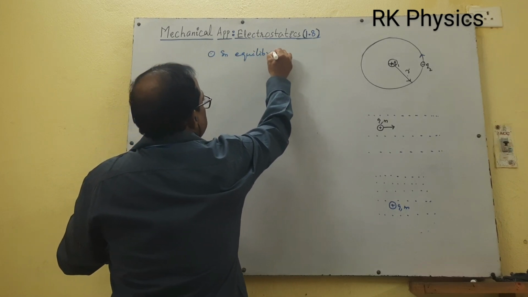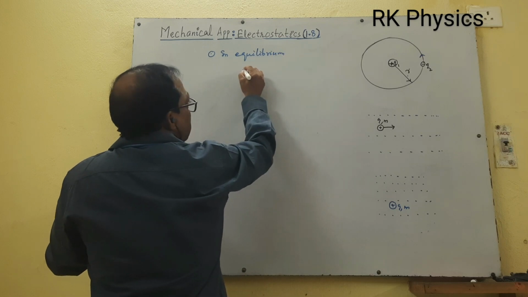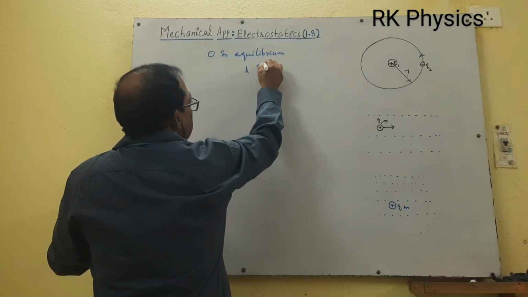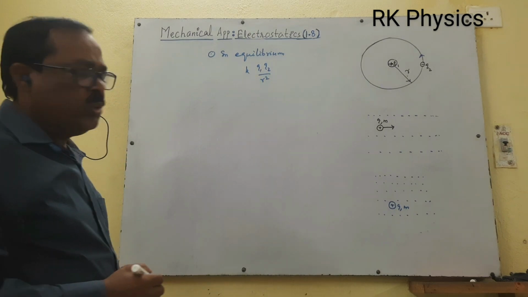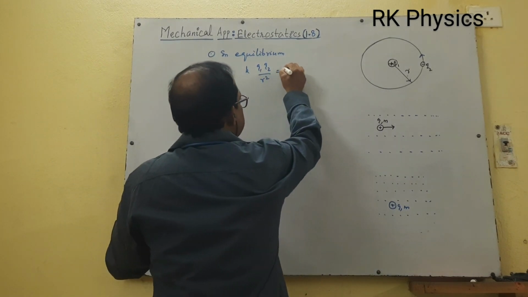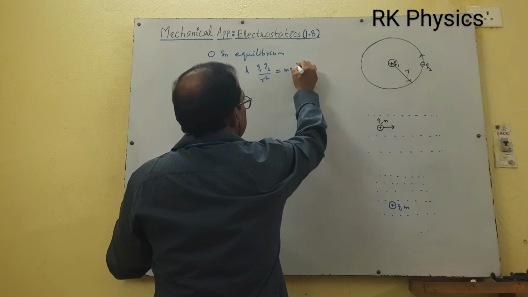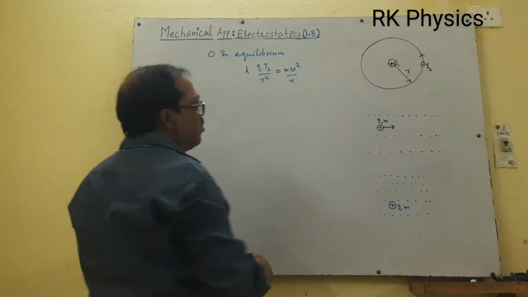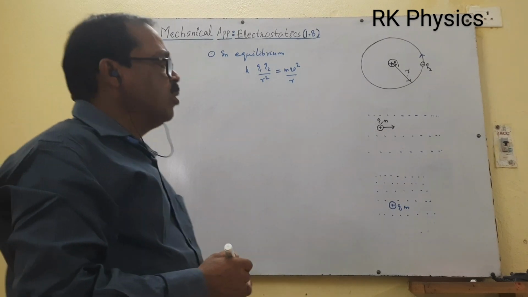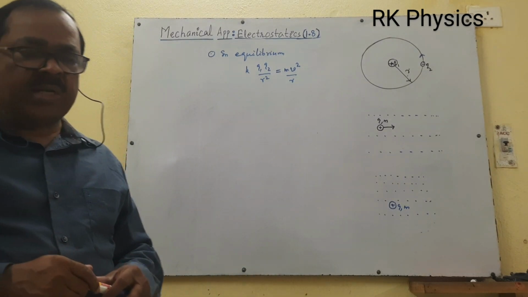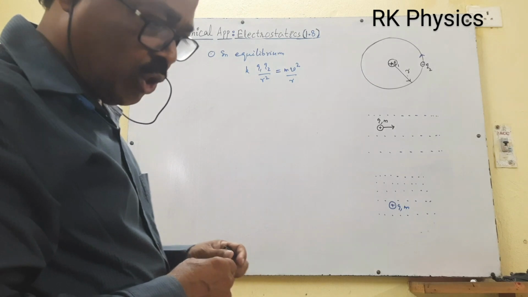So in equilibrium, the Coulomb's force due to Q1 and Q2 provides the necessary centripetal force to the charge Q2. And this is possible only if the two charges are opposite in nature.